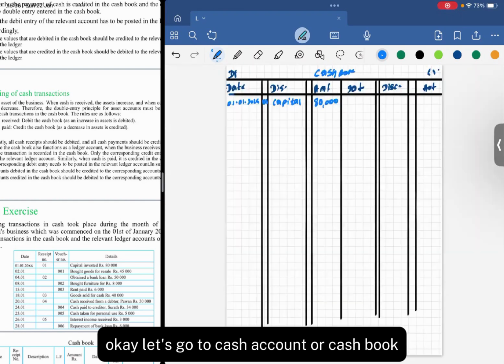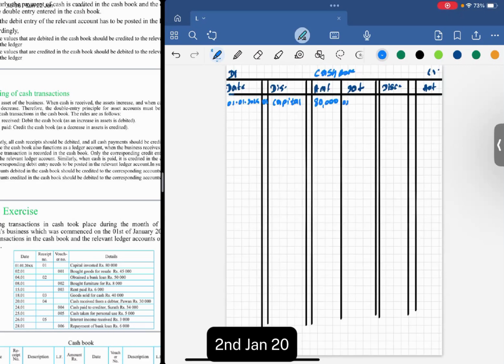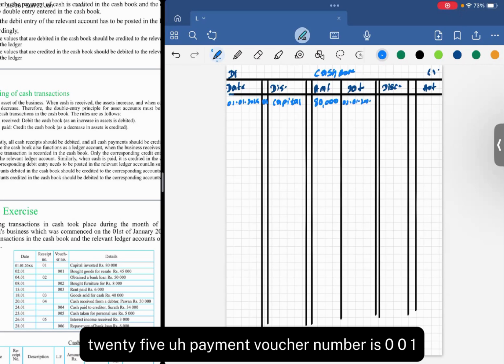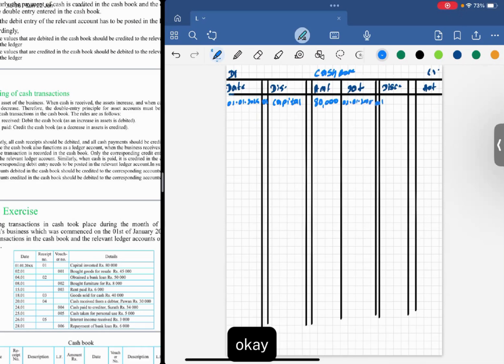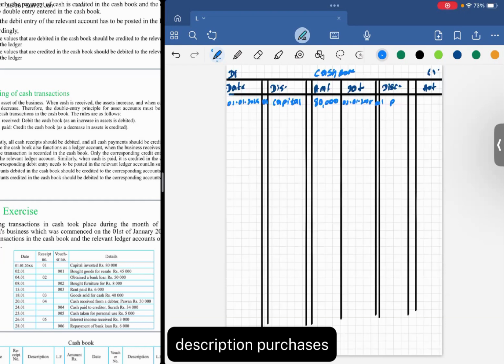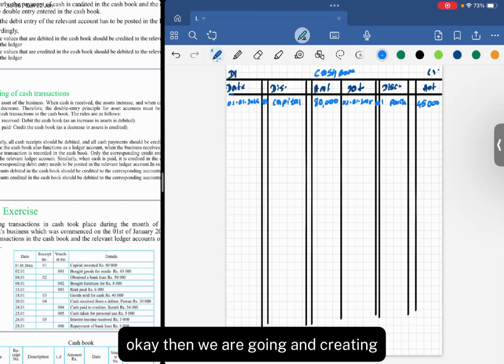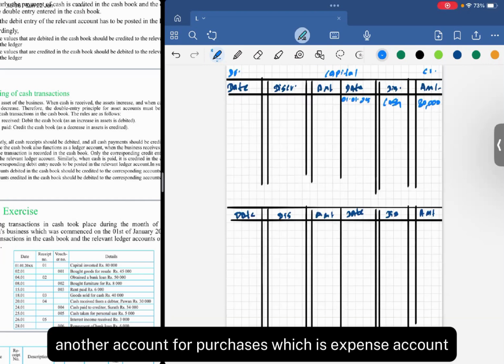So those are the two transactions. Let's go to the cash book. We have to credit cash book, 2nd Jan 2025. Payment voucher number is 001. Description purchases, amount is 45,000. Then we go and create another account for purchases, which is an expense account.